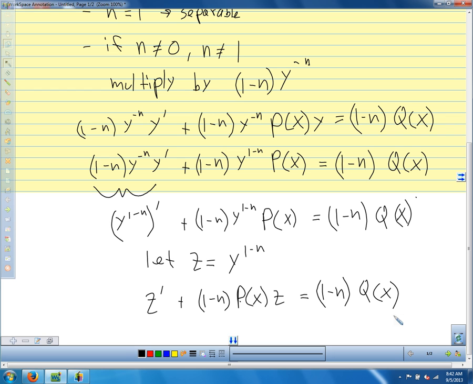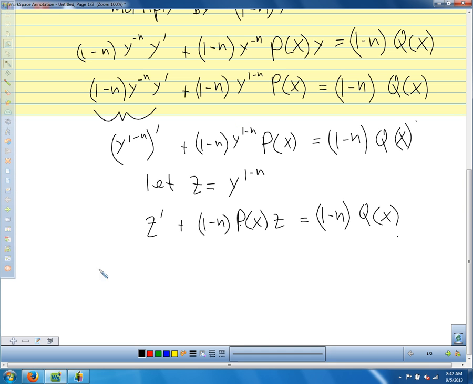So now I have a first order linear differential equation. We can apply the method that we just learned the other day to this differential equation, solve for z, and then make the substitution z equals y to the 1 minus n, and then we have our solution to our differential equation. When we do this, our integrating factor u of x is going to be e to the integral of (1 minus n) p of x dx.